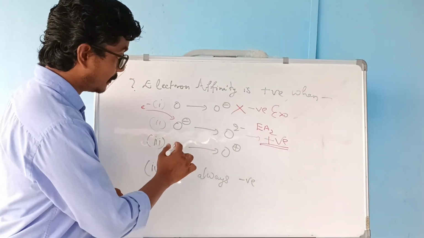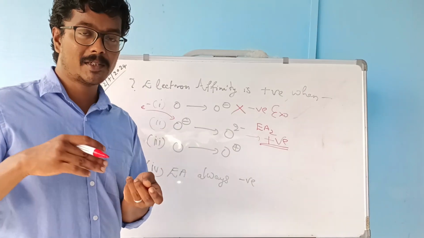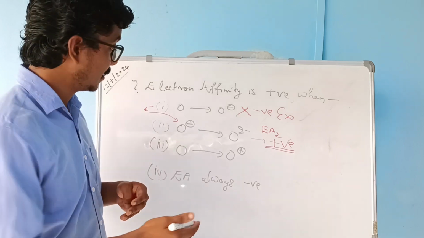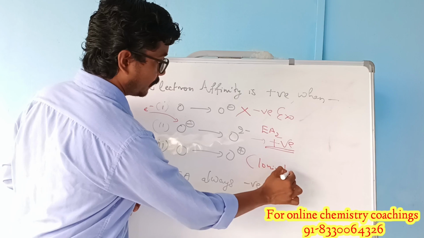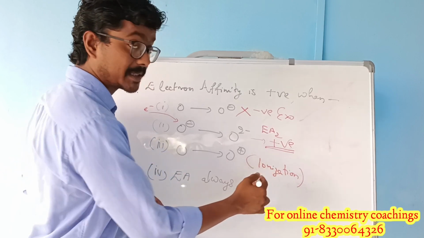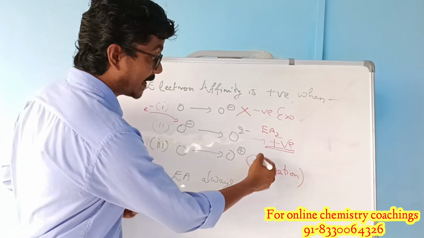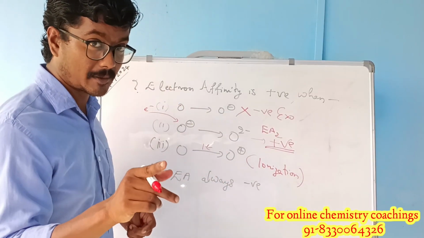What about this one, O to O plus? When an oxygen atom is converted to O plus, it has to give up an electron. So this is an ionization process, with ionization energy, not electron affinity.